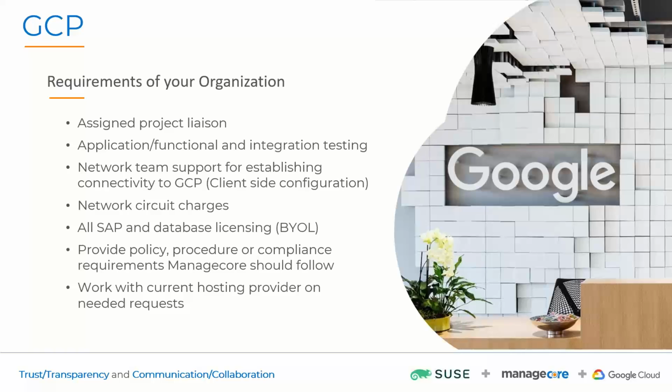Okay, so now I'm going to talk about requirements for your organization. We always talk about what we do in your environment, what we are going to take care of, but there are tasks that are always going to be required from your organization as Managecore helps move your environment to GCP as an example. We always need a project liaison.